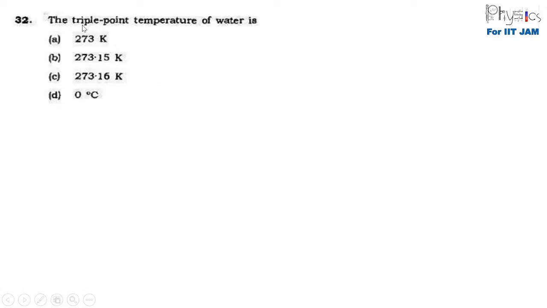The triple point temperature of water is actually 0.01 degree Celsius. And we know that the absolute zero temperature is minus 273.15 degree Celsius, right?